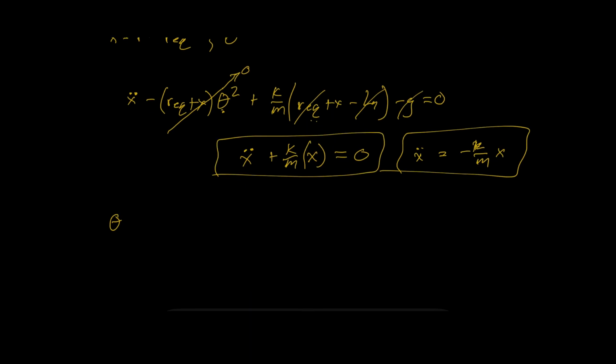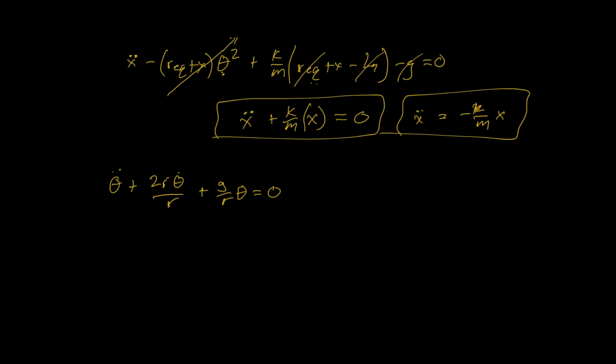All right, so our next one is theta double dot plus 2 r dot theta dot over r plus g over r. This was our theta equation of motion. All right, so now we're just solving for theta double dot plus, this is a product of two small things, small radius, small theta, and so we're calling that 0.